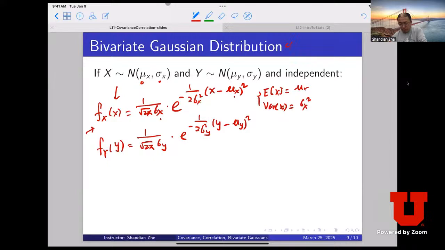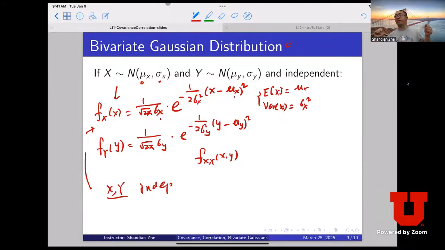Okay, so if these two Gaussian random variables, x and y, are independent, then what is their joint probability density function? What is the joint PDF of x and y? We're talking about the joint probability density function, not the covariance. Yes, the covariance, of course, is 0. So here we're talking about the joint PDF.